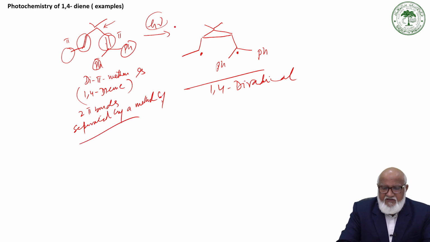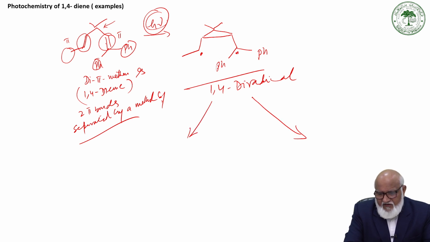Now after the first step, on the influence of light, it forms of course a diradical, and then the cyclopropyl ring, you end up with it. Now there is a possibility of formation of two products. If this radical forms a double bond here, and if we cleave this newly formed bond, we go back to the starting material.